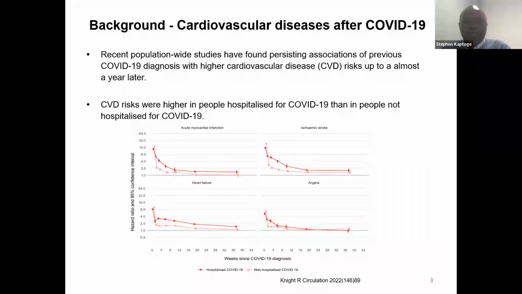Given we know that people with diabetes were more likely to be in the hospitalized group, it also motivates us to think that breaking down the hospitalized group into people with diabetes or not, and by age, may be of interest when assessing the longer-term consequences of COVID-19 infection.